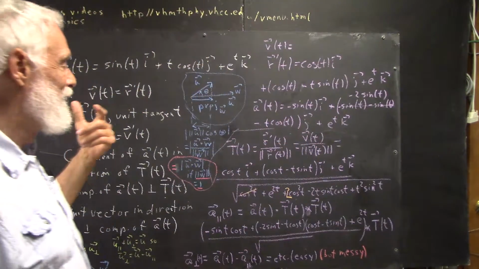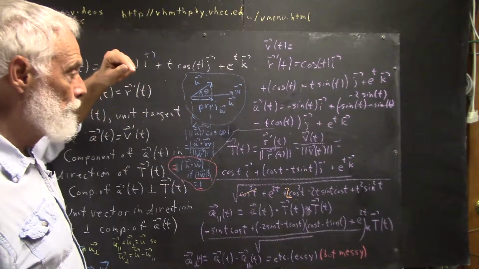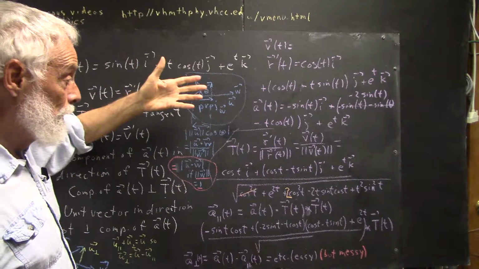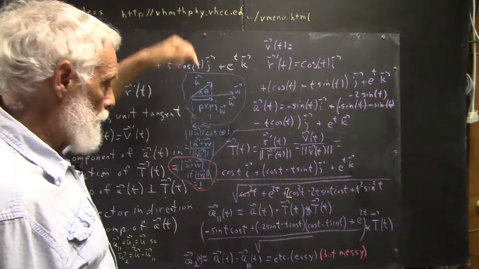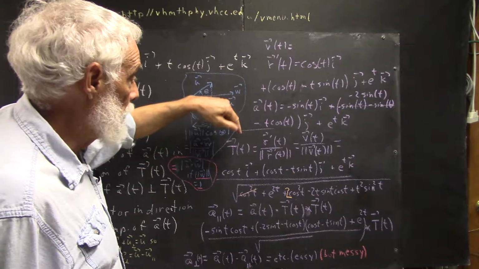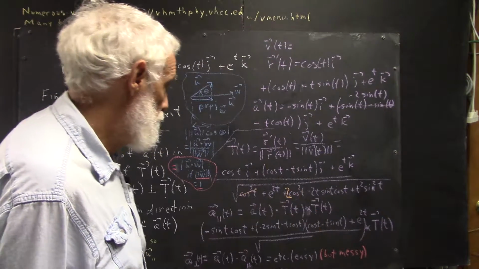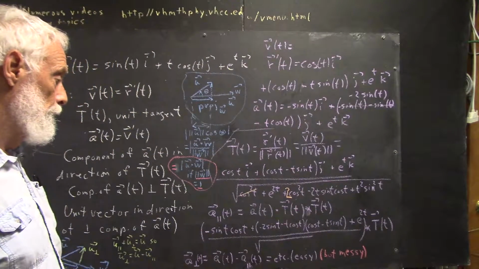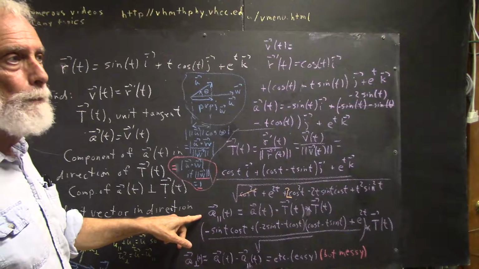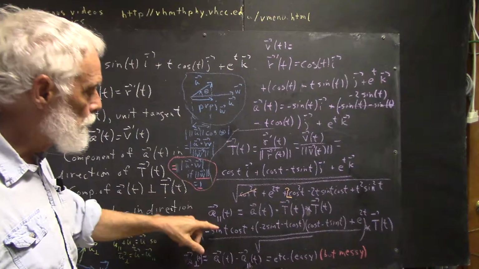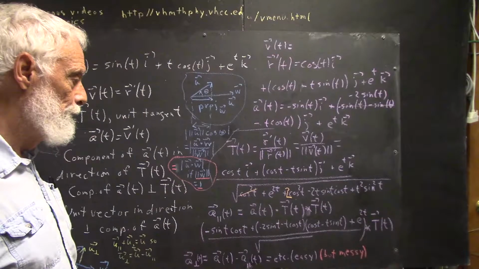Now, U dot W then is sufficient. Okay, we just take our acceleration vector and dot it with our unit tangent vector, and we get the magnitude of the projection. Okay?